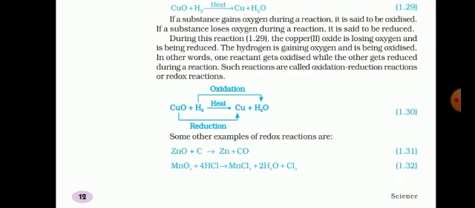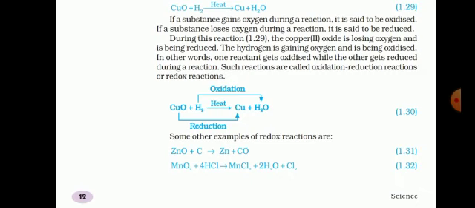From this equation 1.30, you can observe that oxidation happens as well as reduction. Simultaneously, oxidation also happens and reduction also happens. CuO plus H2 will give you Cu plus H2O. Here you can observe that hydrogen gets added with oxygen, that is, adding of oxygen is your oxidation.